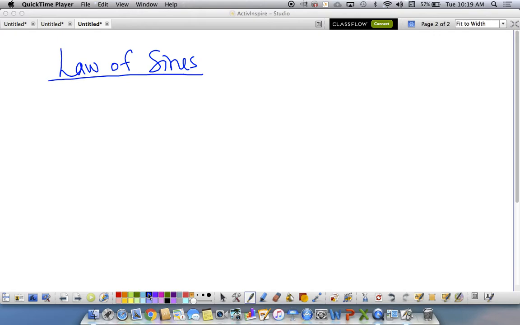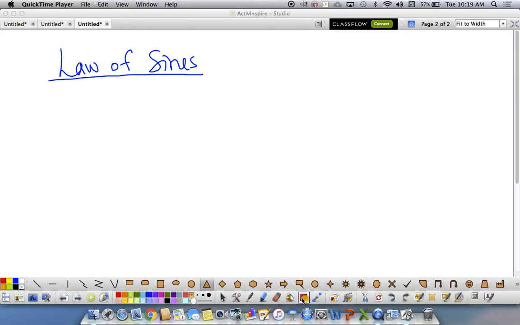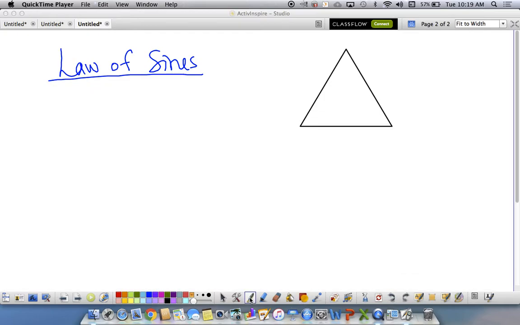If you have the side length, let's go back and refresh how we mark triangles. So if I draw a triangle that's not a right triangle, angle A, all the angles will be big capital letters, and across from angle A will be side A, a little a. This you have to keep. This is key to you being able to do anything in this.